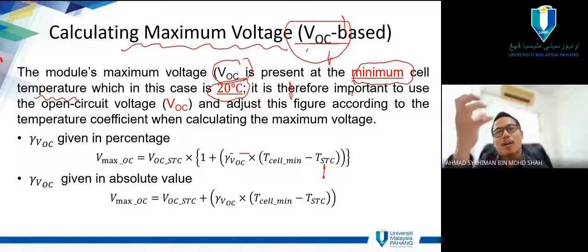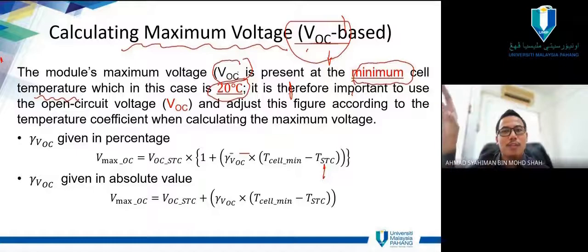Silicon's characteristic is that at low temperature it performs better. But fogging or clouds are another story, because they block the irradiance. In terms of temperature, Genting Highland performs better if sunny days without cloud and without fog, instead of Pekan or Gambang. Gambang is near the ground, not so cool, over 30, so the performance is weaker than at Genting, if the weather is clear with no cloud and no fog.